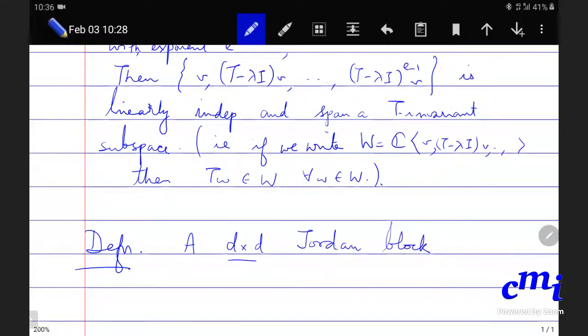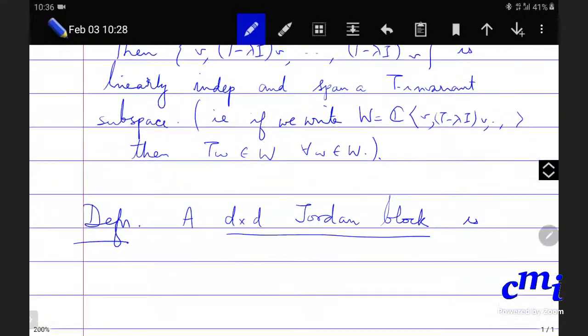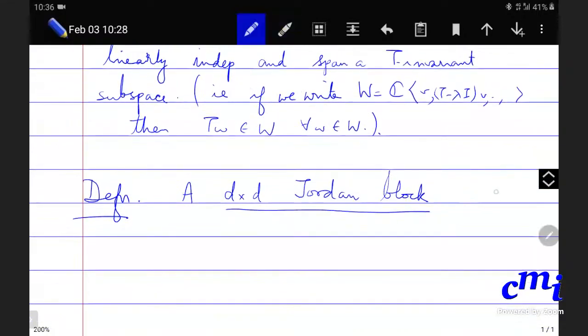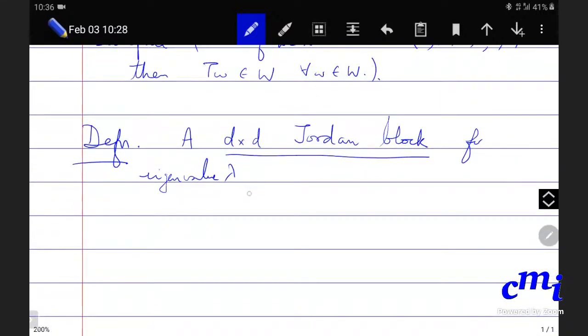With, for eigenvalue lambda, I mean, or with, whatever preposition you like to use. The point is that it depends on this eigenvalue.